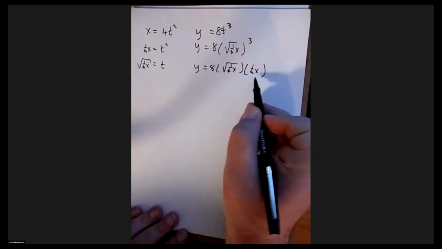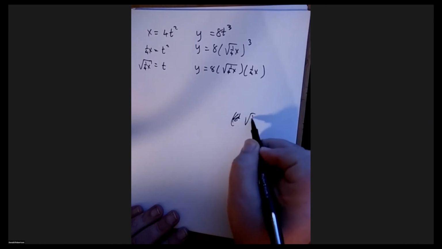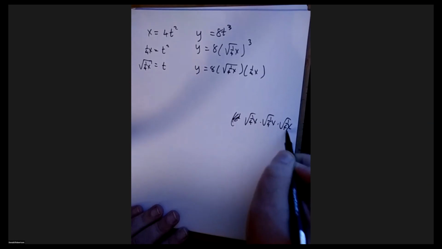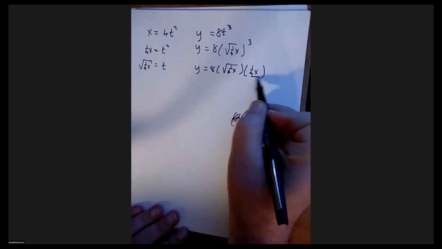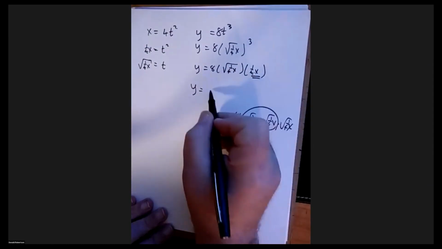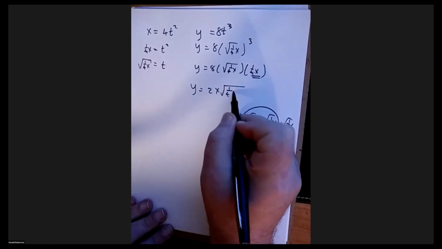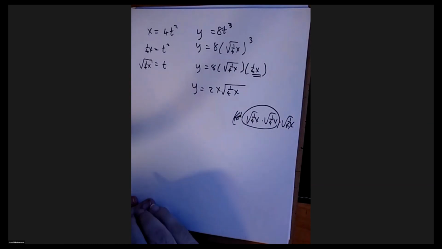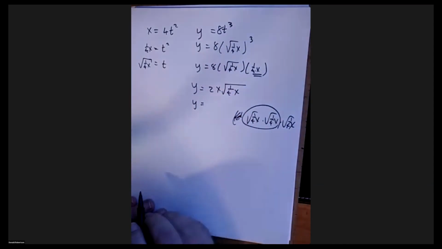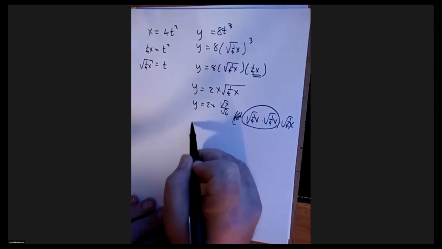So one of these and then it's a bit like me rewriting it as this fella times this fella times this fella, and then grouping these two together to get that. Now you put this fella with that fella and you get 2, you get an x, you get the square root of 1/4 x. And technically speaking, I could make this a little bit better. Couldn't I call this the square root of x over the square root of 4?